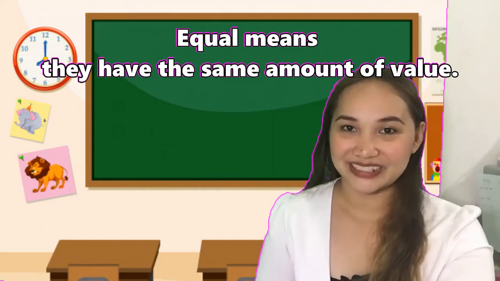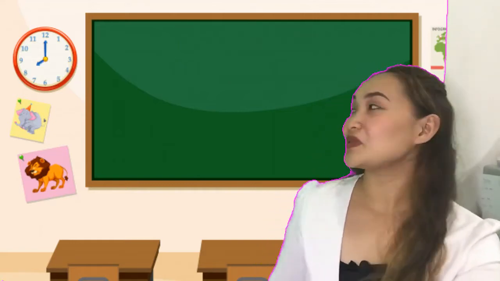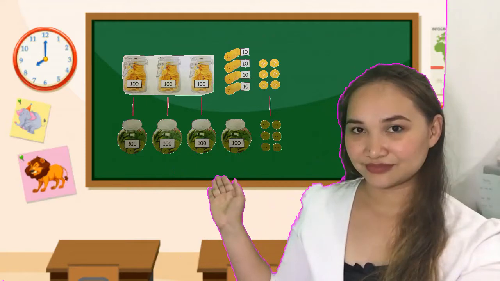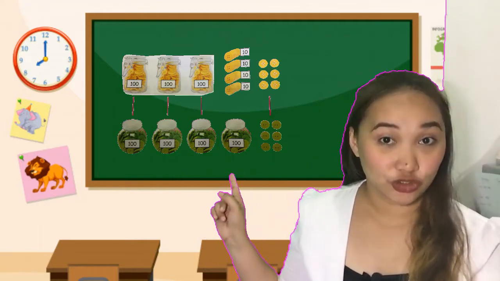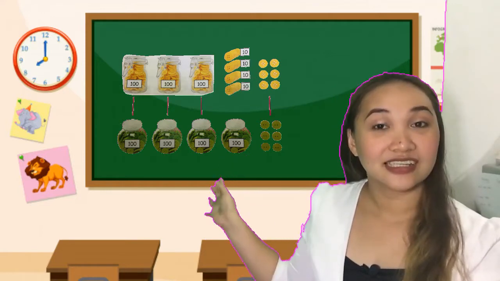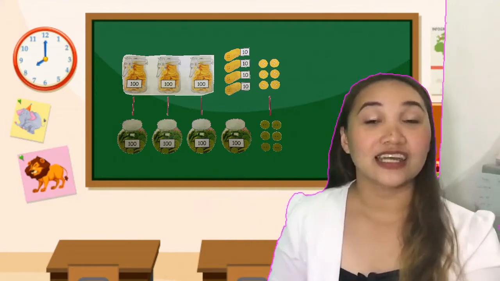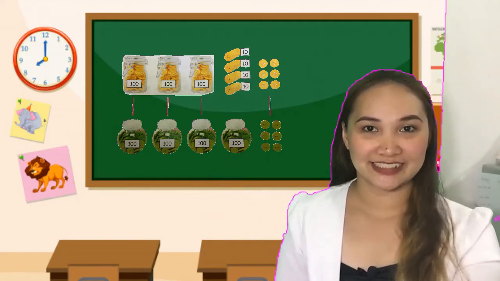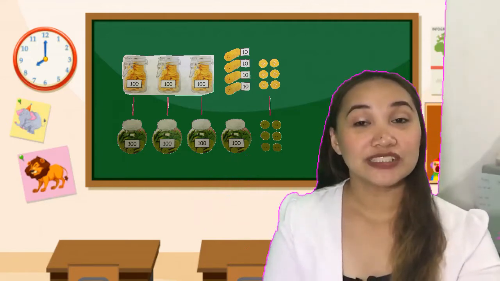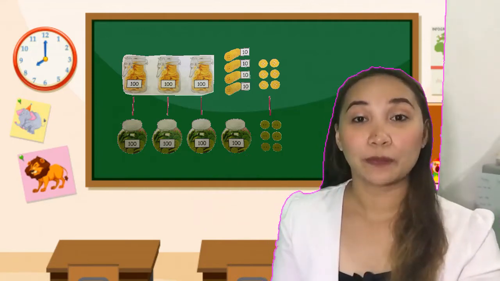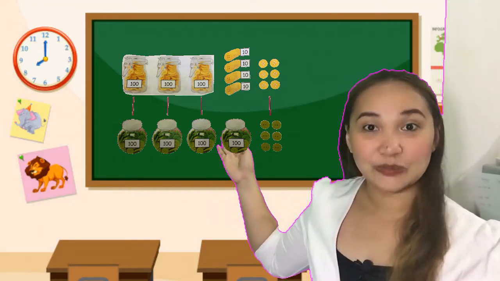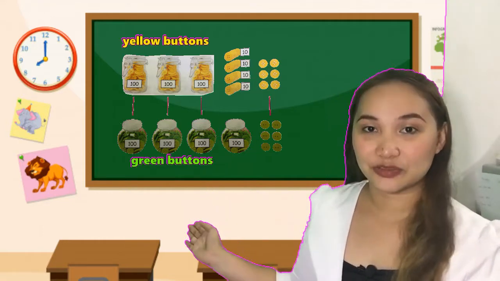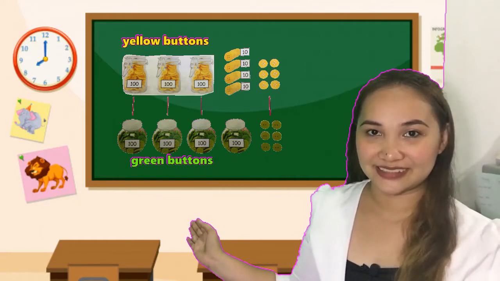Okay, very good. Now, how about this one? Look at the picture. Do you know what these are? Very good. It's a button. We have two different colors of buttons here: yellow buttons and green buttons.